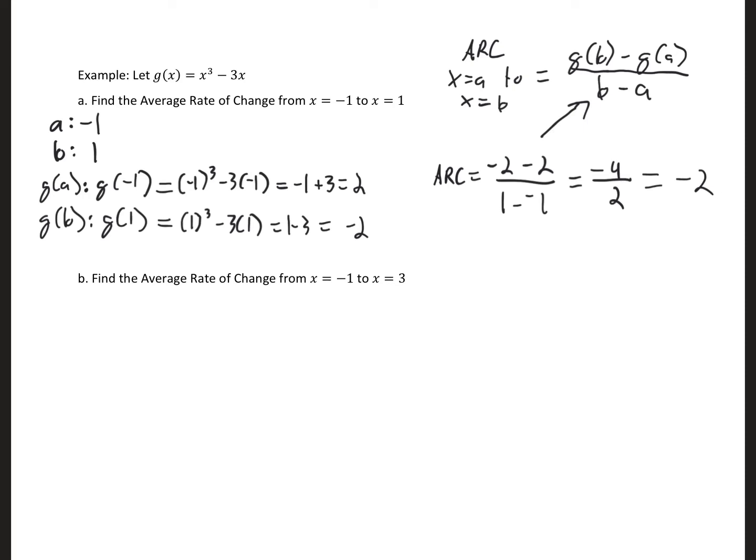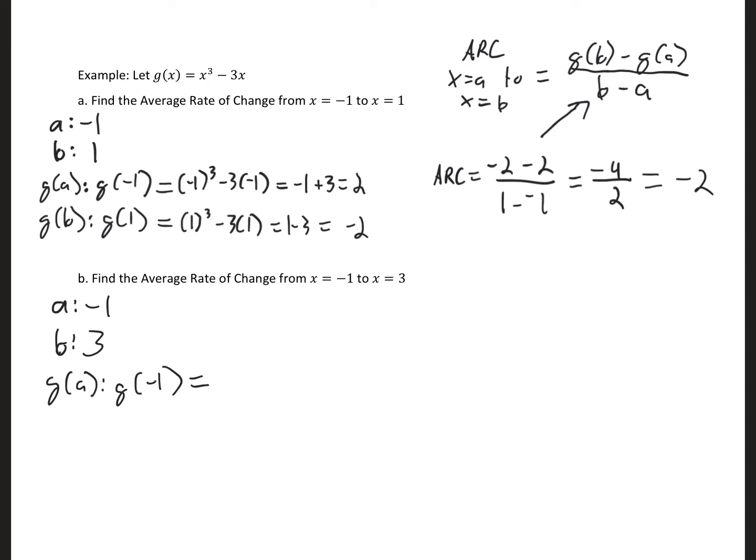Let's find the average rate of change from x equals negative 1 to x equals 3. So the starting input value, the a value, is negative 1. The ending input value is 3. So if I want to find g of a, I'm really finding g of negative 1.